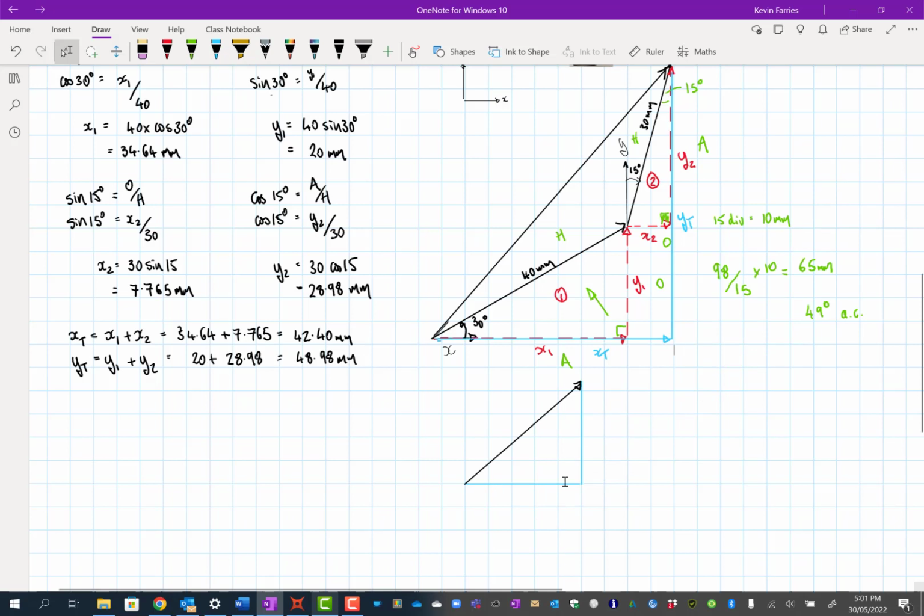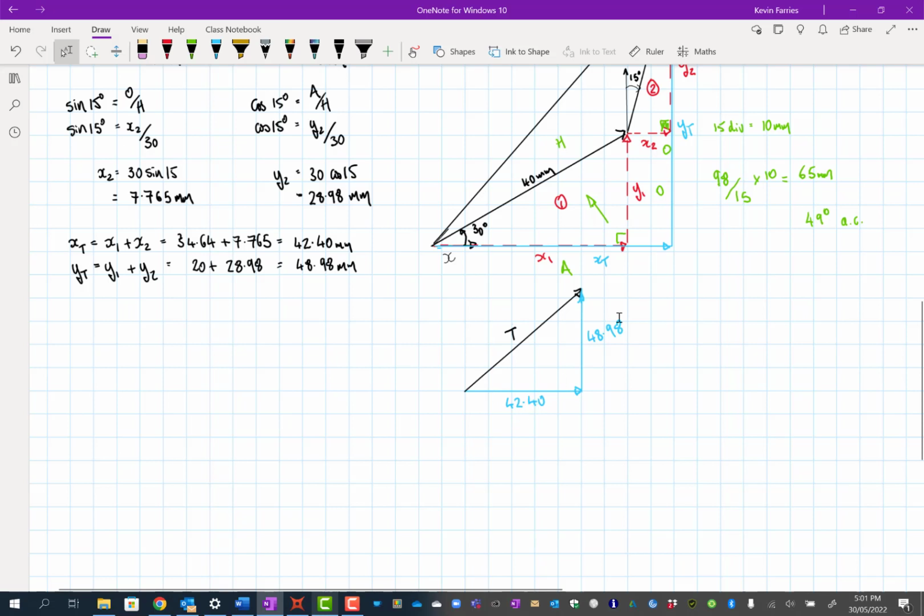This here is just this here. I'm just redrawing it so we can see what we're doing. So x total is 42.4, y total is 48.98, and we want to figure out, what am I going to call this? Let's just call it t. Why not?